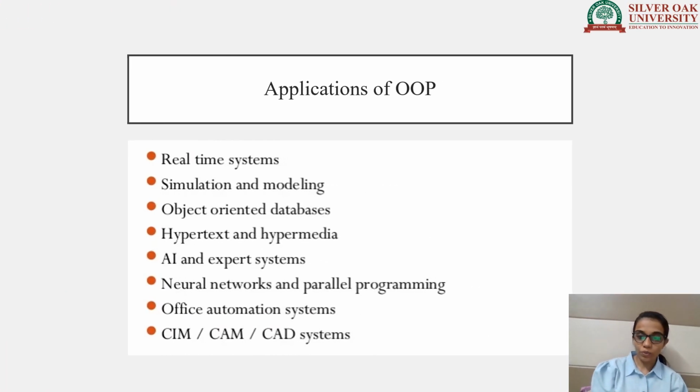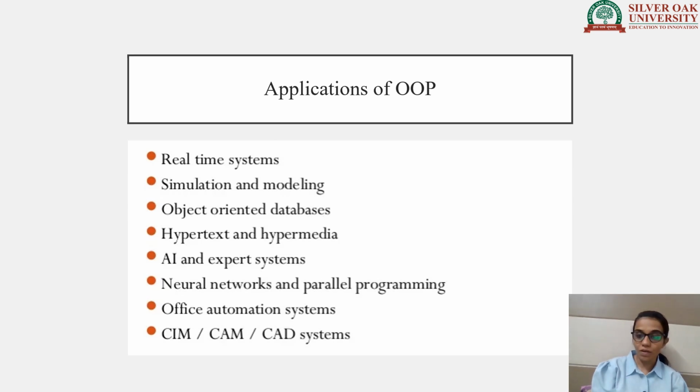Applications of object-oriented programming. Not only C++, but many other languages also work on object-oriented programming. It is the most demanded model on which programming languages are working. These are the basic real-world applications of object-oriented programming: real-time systems, simulation and modeling, object-oriented databases, hypermedia and hypertext.